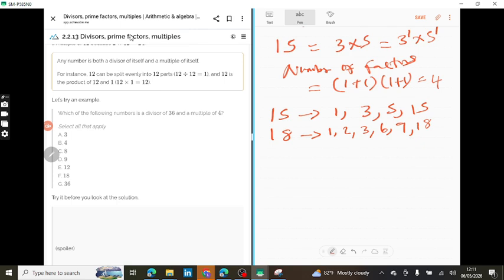Power 1. Can be 2 raised to the power 2. If you are saying 2 raised to the power 2, that means it's 4. That means you are getting 4. And is 4 a factor of 18? No?